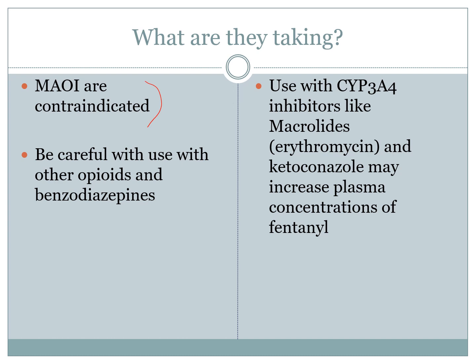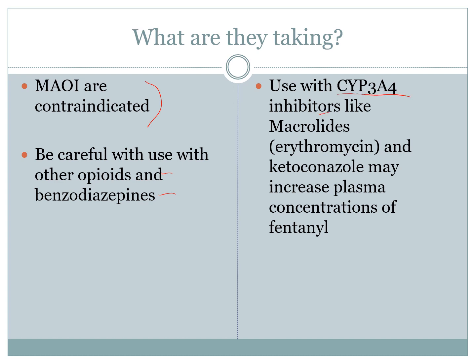Other things you need to be careful with is mixing with other opioids, as we've already spoken about, and also mixing with benzodiazepines. It has an increased risk of causing respiratory depression, despite the old advantage people used to take in causing that dissociative effect. Other serious interactions come into your classes of your CYP3A4 inhibitors.